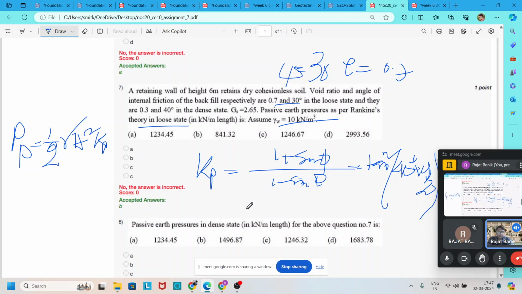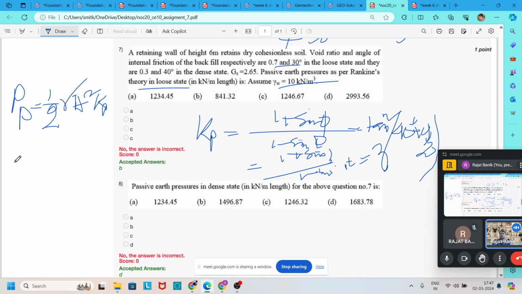So first find out Kp by putting the value, which is 1 plus sine 30 degree divided by 1 minus sine 30 degree. So we know that sine 30 degree is half. Put this value and get the answer, which is equal to 3.